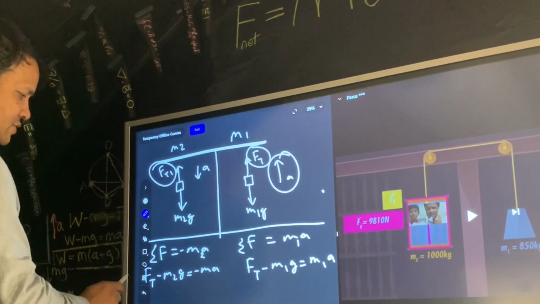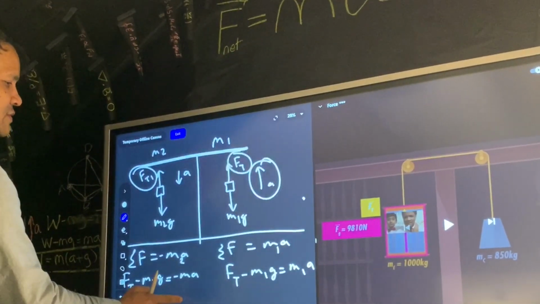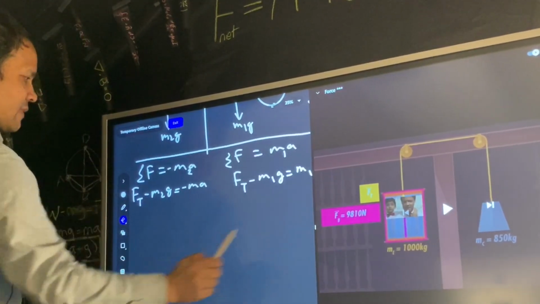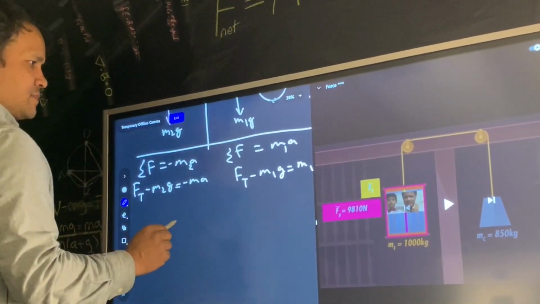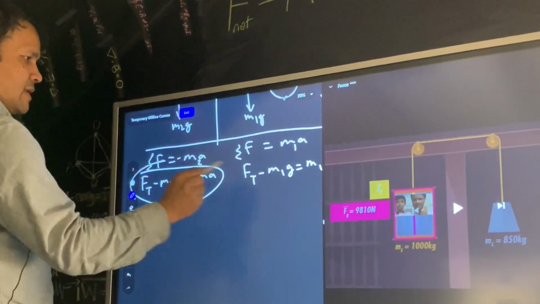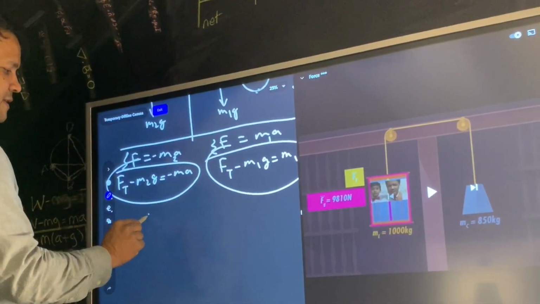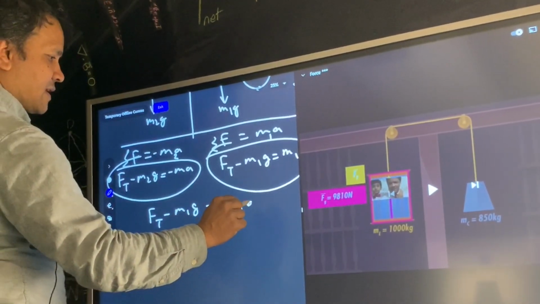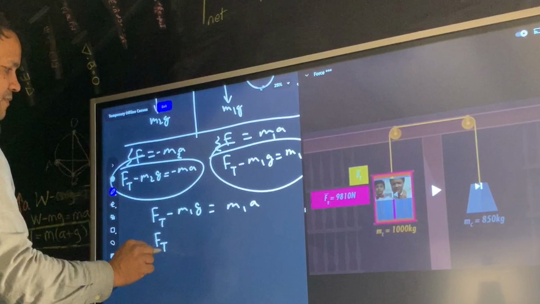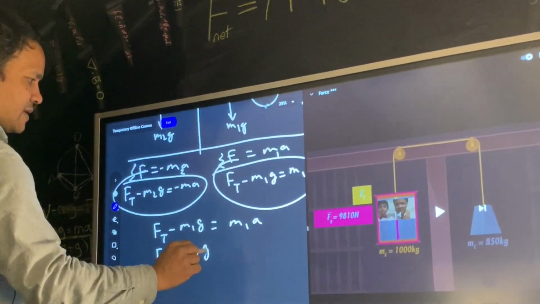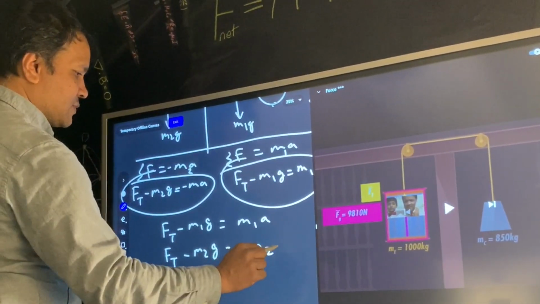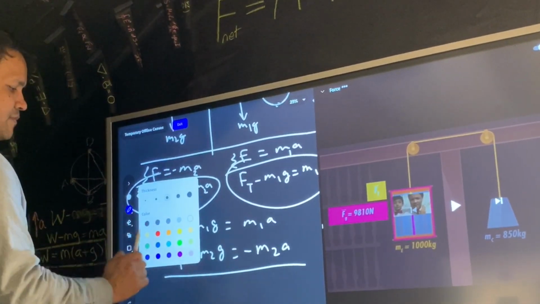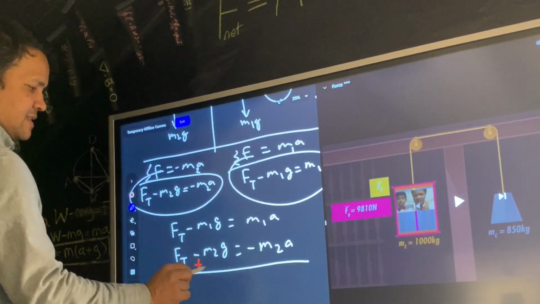Okay, so now I'm going to put the two equations together. So let me write this one on top, and this one. Ft minus m1g is equal to m1a, and then I'm going to write Ft minus m2g is equal to minus m2a. Once again I have to change the sign in order to cancel them.